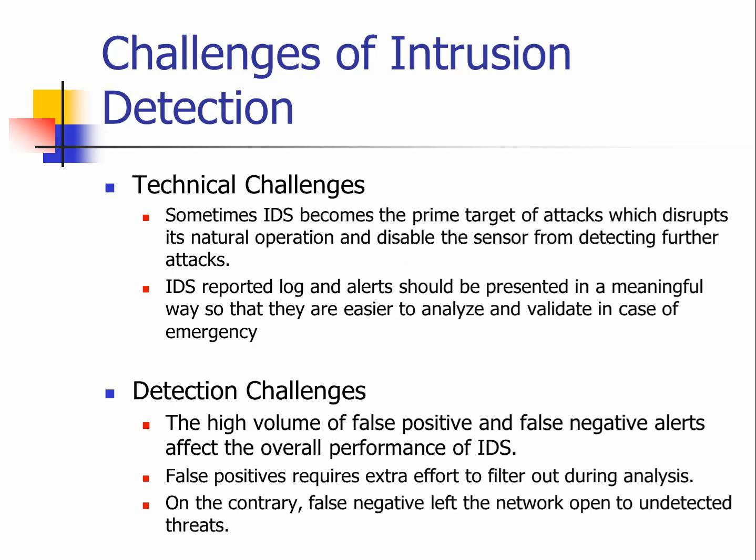Just like the surveillance cameras, if you try to rob a bank, as we watch in the movies, they can easily cover up the surveillance video, and nobody knows what's happening inside anymore. So that's one of the challenges that I can see for technical problems.